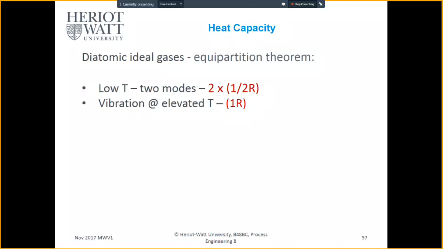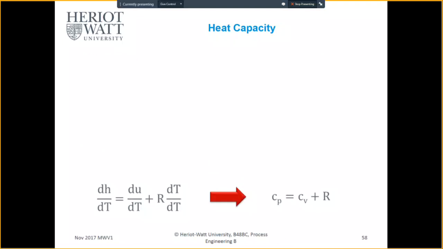So you have the rotation, and also these molecules, because they're moving around, they're hitting each other, so they vibrate. They're hard spheres. So for diatomic gases at low temperatures, Cv equals 5 over 2 R. So you have your 2 times 1 over 2 R.